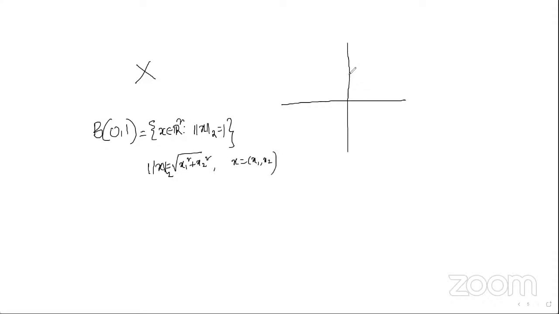If we take any 2 points on the boundary of this unit ball and look at their midpoint, the midpoint will always be inside the circle. If any nonlinear space satisfies this property, we call that space strictly convex. We say that X is strictly convex.